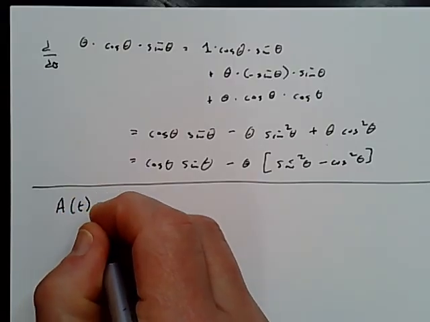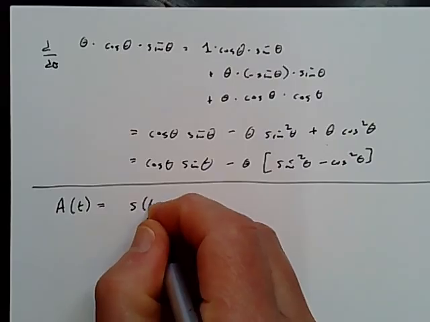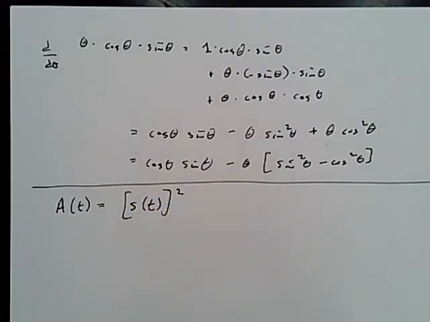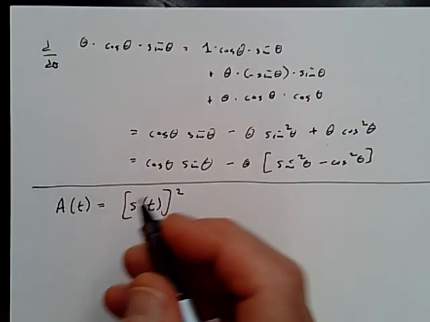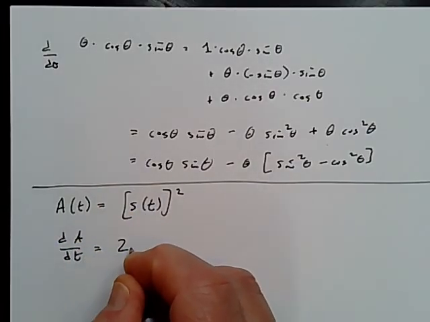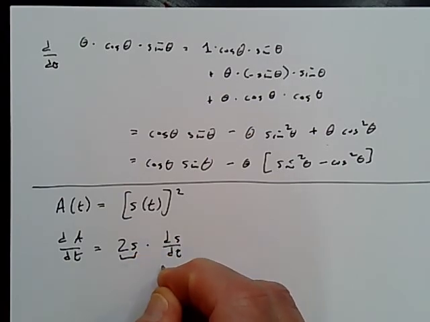Area as a function of time is the side length as a function of time, S of t, quantity squared. Take the derivative of both, you get dA/dt is 2s ds/dt. Chain rule.